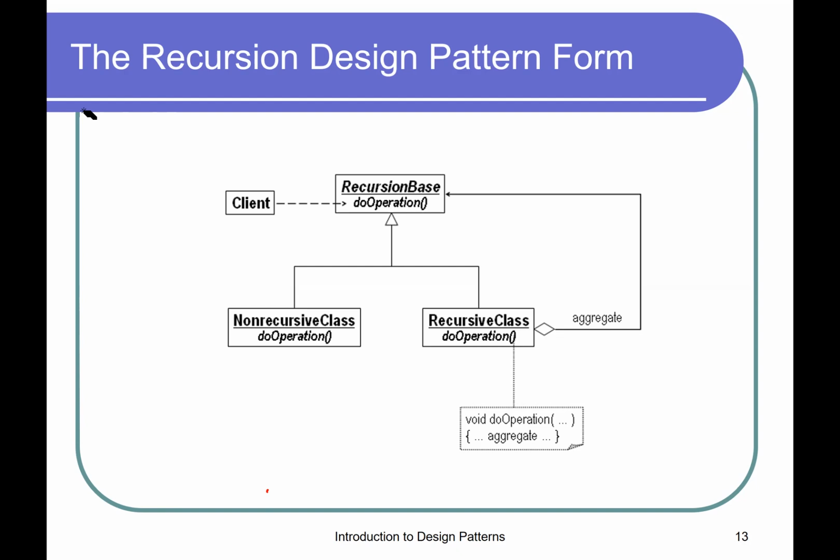So it's a linked list of objects, all of the same type, on which I want to perform something, or maybe a linked list of objects where each one is doing a part of the job.